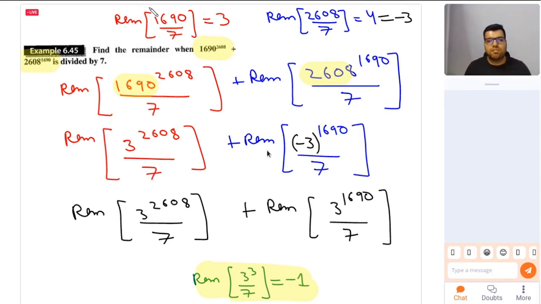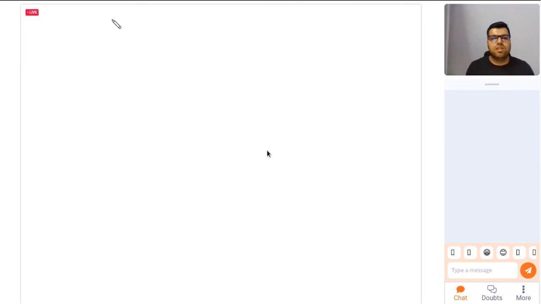This much work is required for this question because numbers are such. So first we have 2608. So 2608, this is equal to 3 into how much? So this is 8, then 206, then 28. 28 is 9 plus 1.